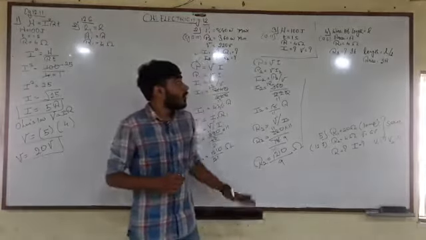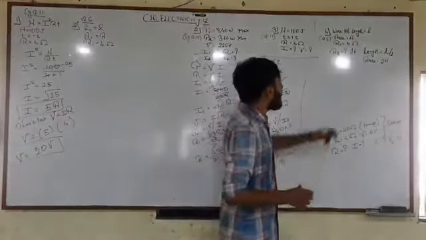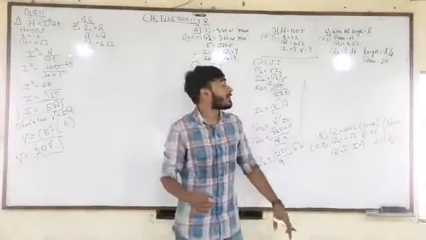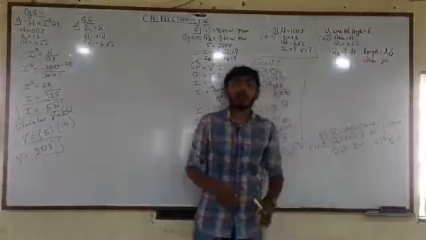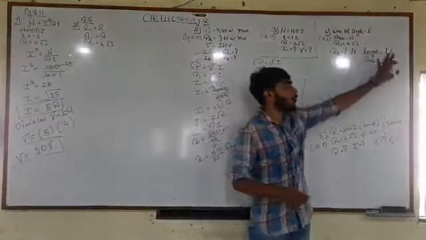Now what they are telling, we need to find the second resistance if the same wire is cut into two parts, that is L upon 2. So if we divide the length L into two parts, that will be L upon 2.